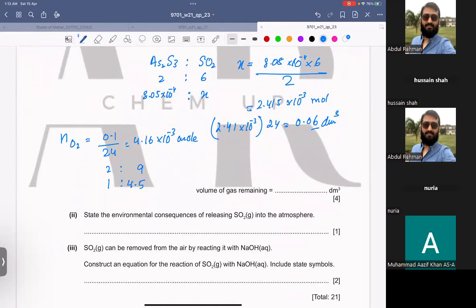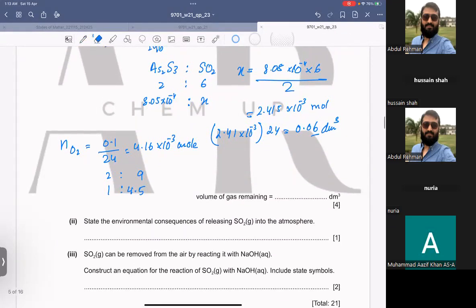The moles of As2S3 are 8.05 exponent minus 4, which is 2x.